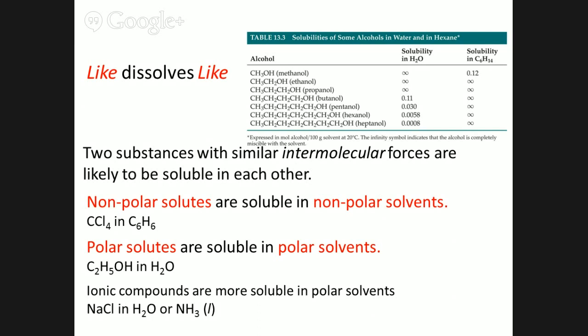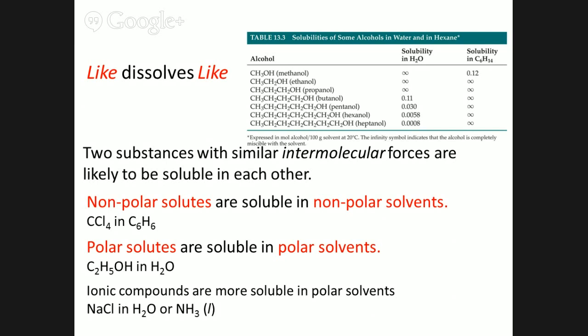Again, you may think back to when we were doing our bonding unit, the polar substances like water, things that do not share the valence electrons equally. The oxygen pulls on the valence electrons more strongly than the hydrogens do. And even though a water molecule is neutral overall, that unequal sharing creates this effect where one side of the molecule is a little bit positive, the other side is a little bit negative.